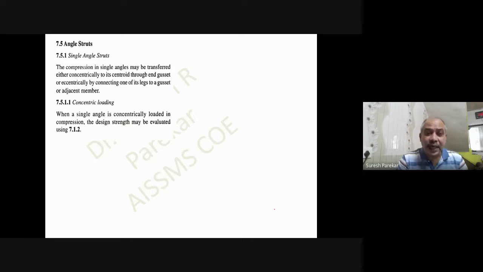Now, as already mentioned, single angle we are going to calculate as per clause number 7.5, and here we have 7.5.1 single angle struts. And again we have 7.5.1.1, which is for concentric loading. So when a single angle is concentrically loaded in compression, the design strength may be evaluated using 7.1.2, meaning we have to go to that formula given in 7.1.2.